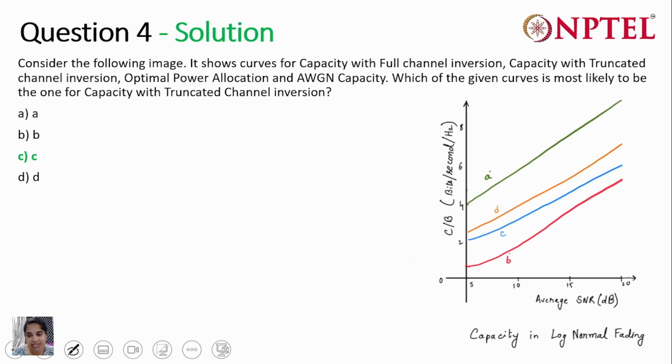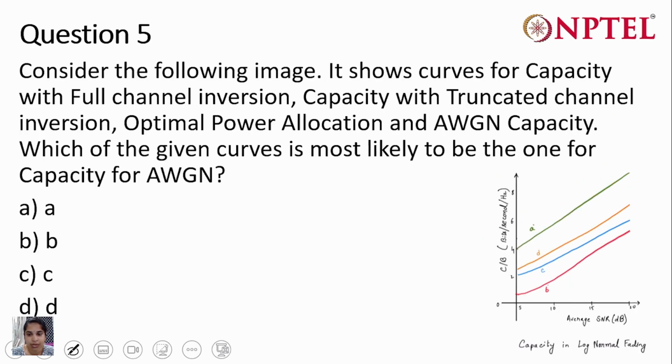So the answer is C. In that case, what is the one for capacity of AWGN channel? Is it A or D?